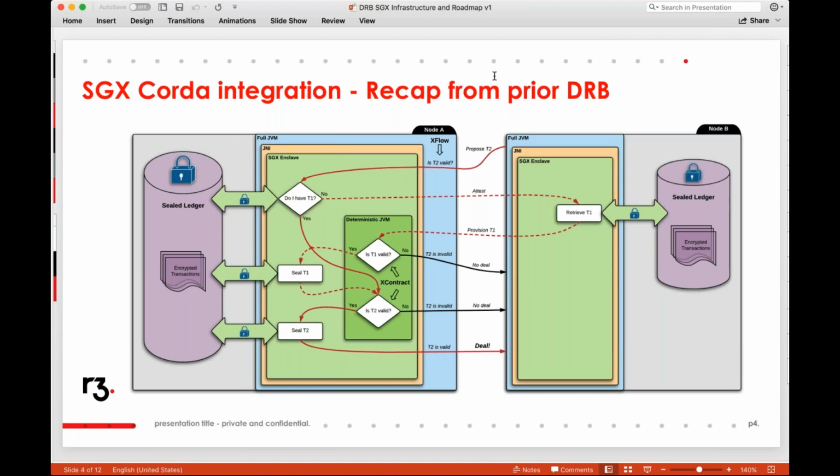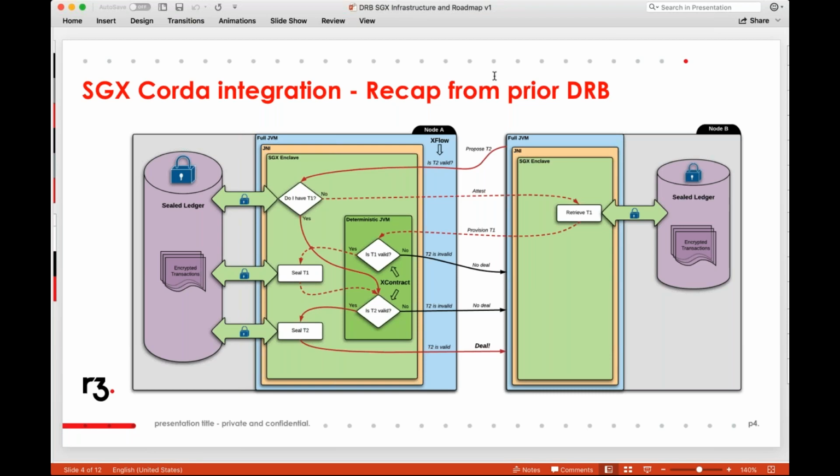Node A's enclave can then verify T1, and if it finds it valid, it goes through what's called a sealing process, which is an encryption process where you derive a key from the CPU and encrypt T1 with the sealing key. It stores it somewhere in block storage, and then it can proceed to validate T2.